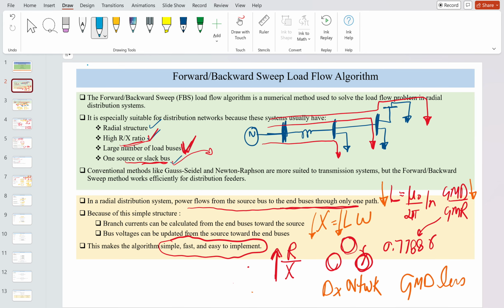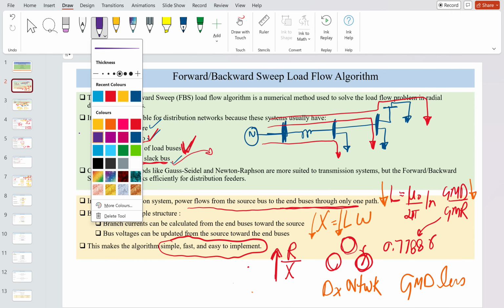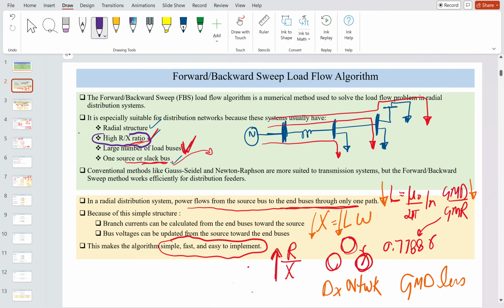And this also we have seen, why this R by X ratio is high. Because the conductor spacing in between is very less as compared to overhead transmission lines. That's why L, which is mu by 2 pi ln GMD by GMR, so the GMD will become lower.